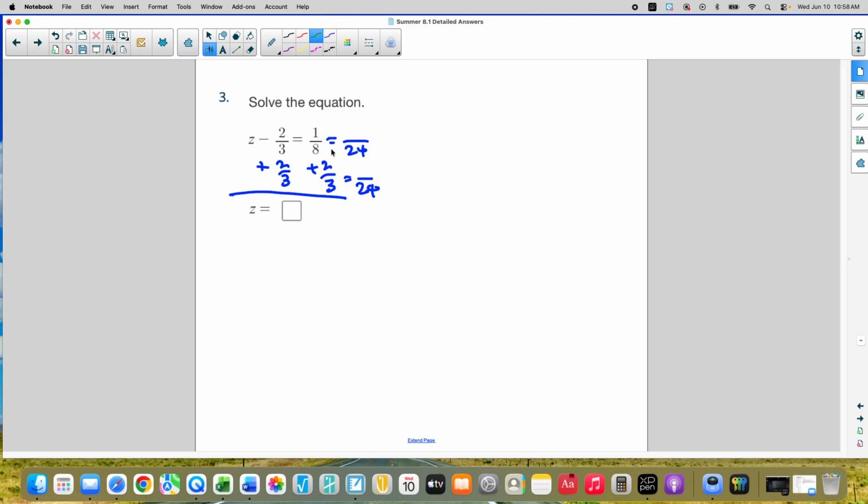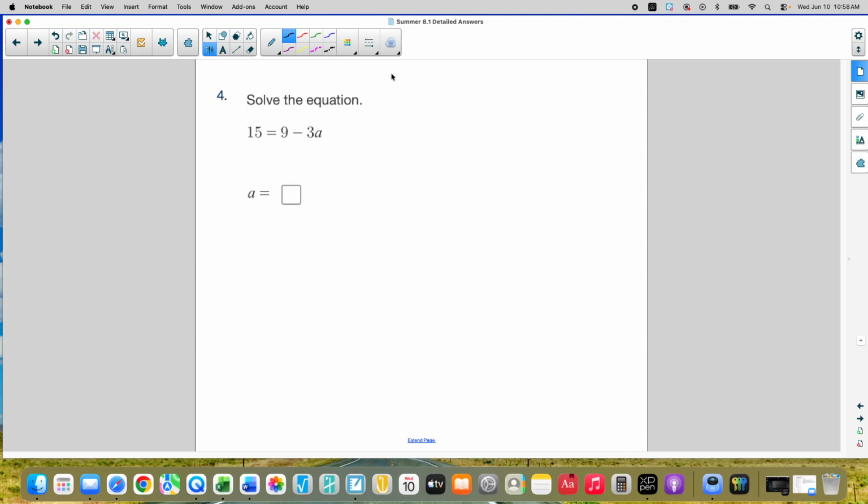We have to create equivalent fractions. Common denominator is 24, so we'll multiply that by 3. We get 3/24. We're going to multiply that by 8. We get 16, and that gives us 19/24. Now we combine their numerators, and we keep the denominator, giving us z equals 19/24. That can't be simplified, so we are good.